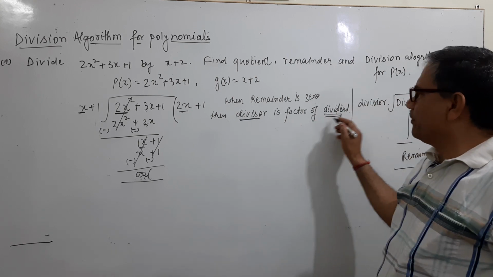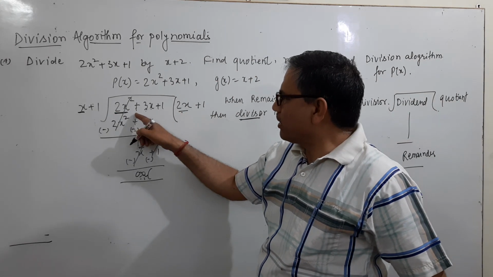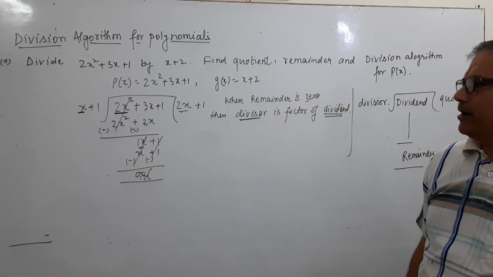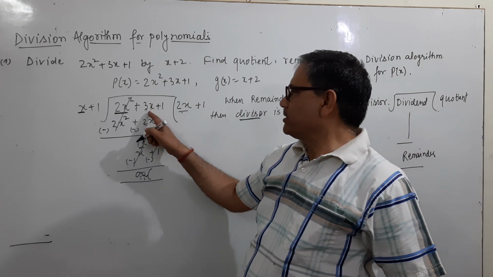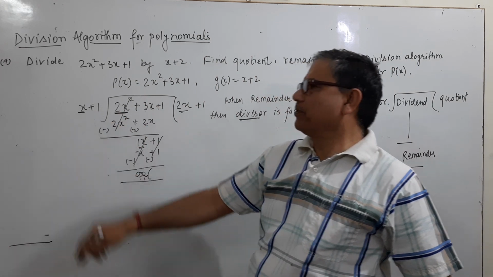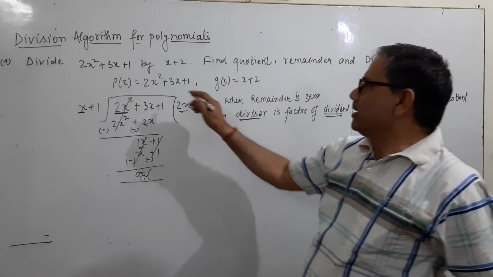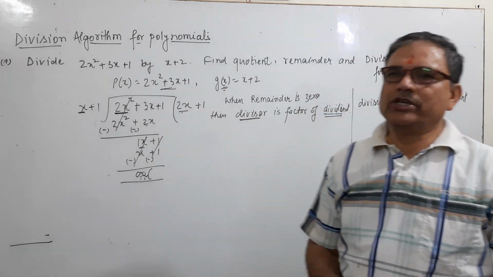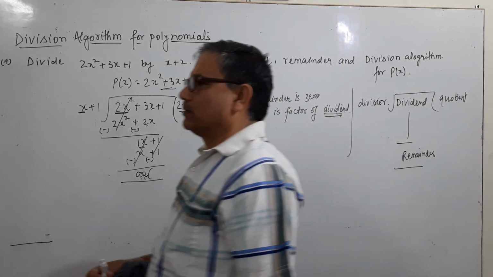Divisor is a factor of dividend when the remainder will be 0. When the remainder is 0, the divisor is a factor of the dividend. Similarly, g(x) is a factor of p(x).